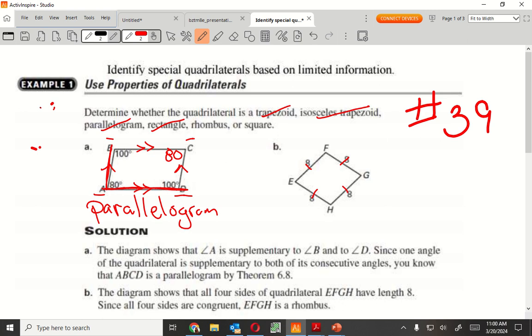No, it doesn't. So it's not going to be right angles right there. Therefore, it's not a square. So what does this have to be? A rhombus. This has to be a rhombus. So by process of elimination, that's the best way to do this.